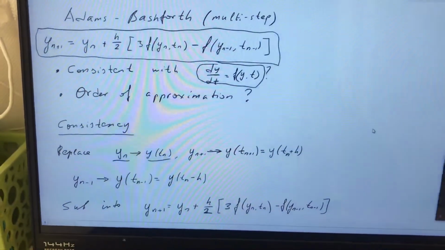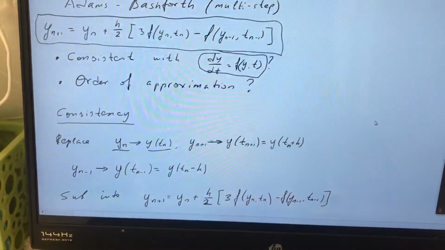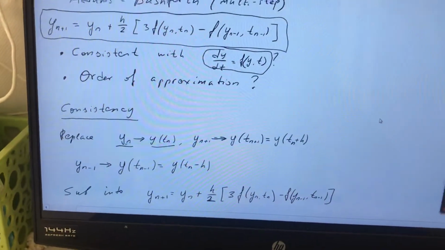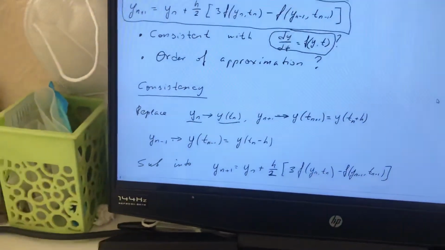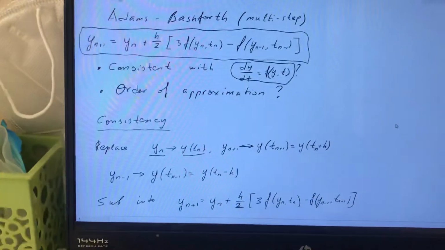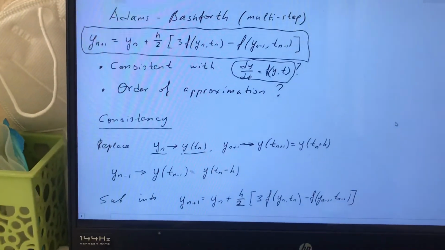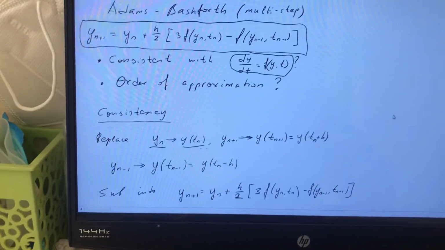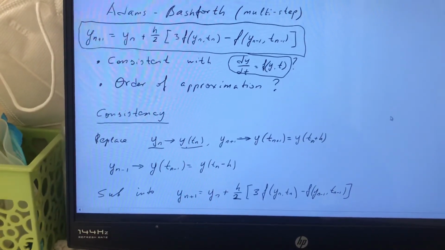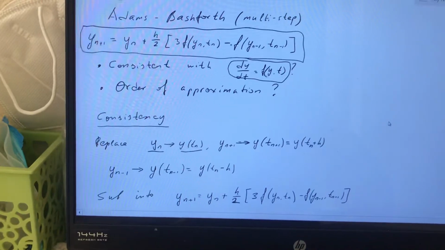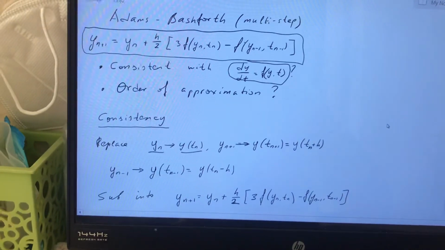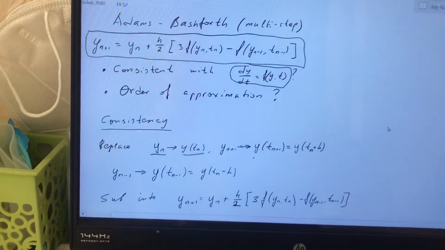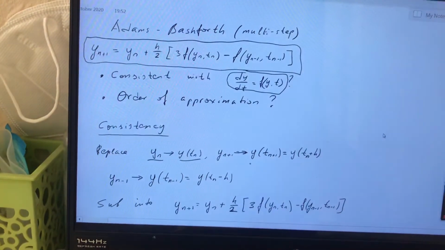And the idea is that if we make this substitution, a mechanical replacement of y_{n+1}, y_{n-1} with the continuous image or pre-image from the differential equation, then this finite difference algorithm should generate on its own the ordinary differential equation.